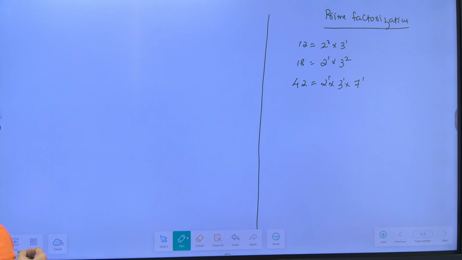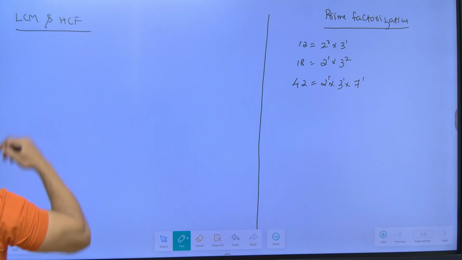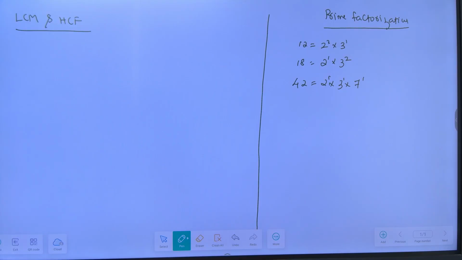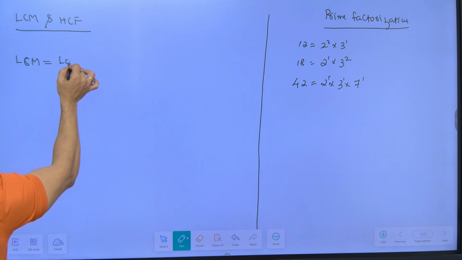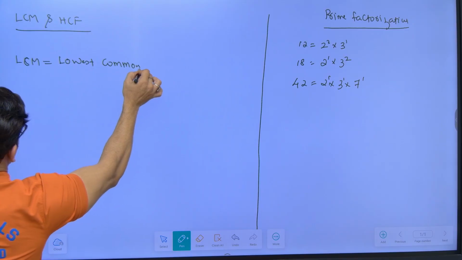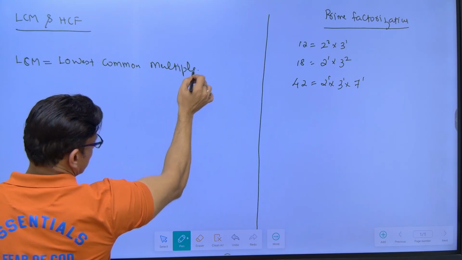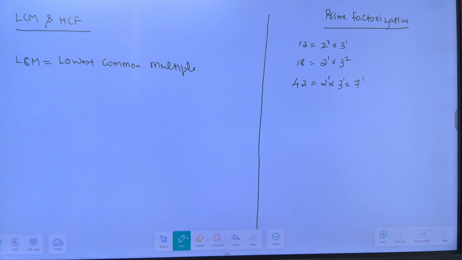So the topic is the concept of LCM and HCF. Do you know the full form of LCM? It's called lowest common multiple.